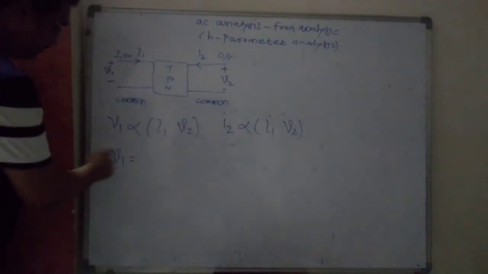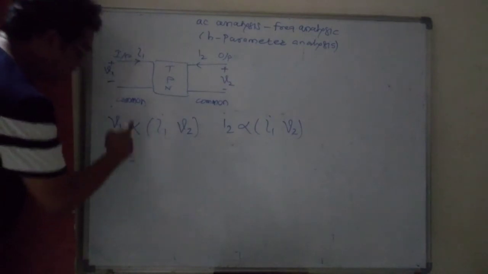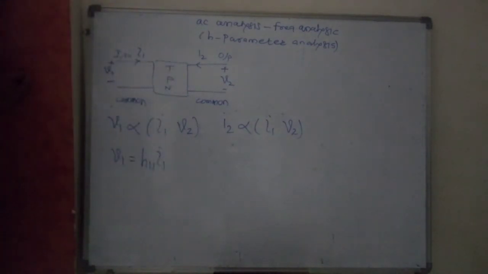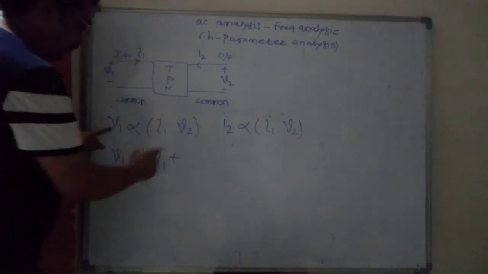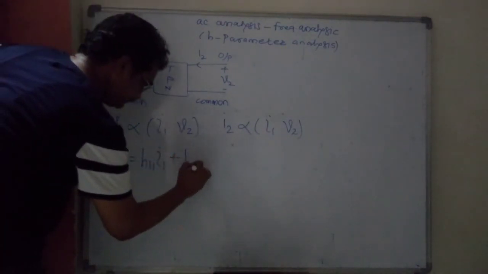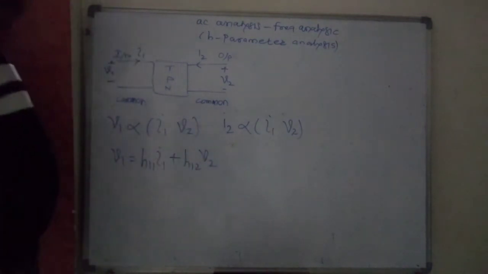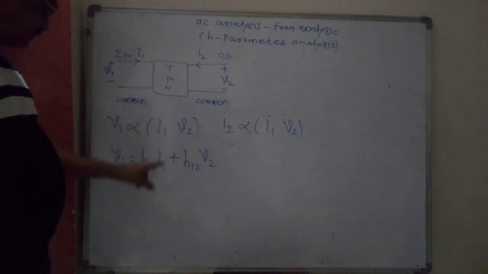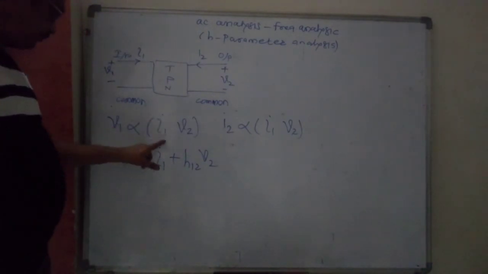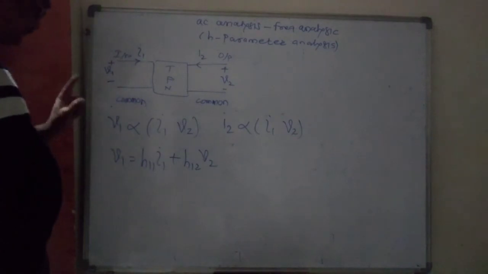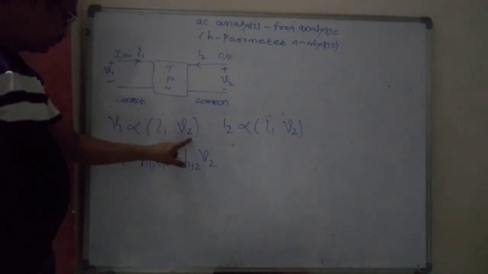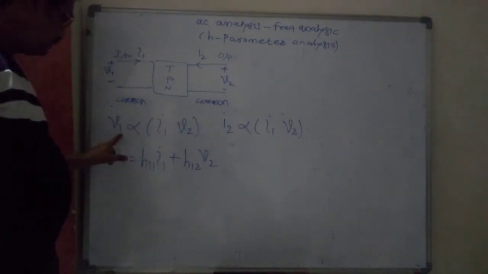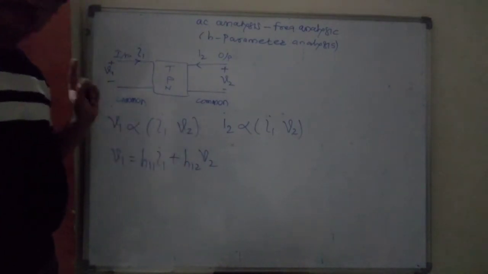But here V1 proportional to I1, I am introducing first H parameter, H11, plus V1 proportional to V2, second H parameter, H12.